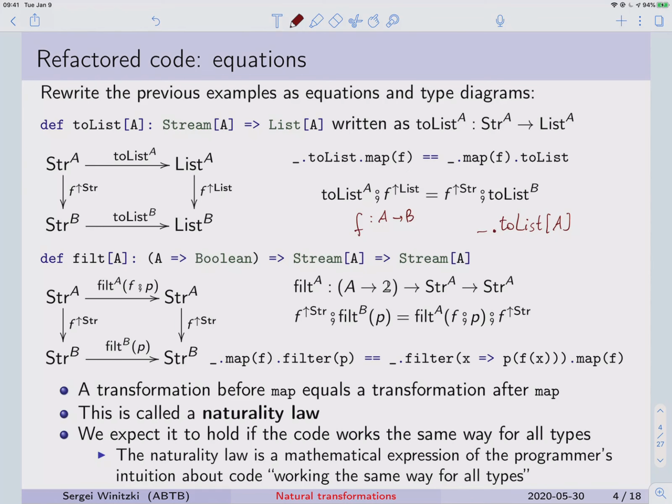The type parameters can be found automatically by the Scala compiler, so usually you do not write them. And so the equations also could be written with or without these explicit type parameters. It's the same code. So just to remind you that equations are actually just code. This code, which in Scala is this, always gives the same result as this code, which is in Scala that.